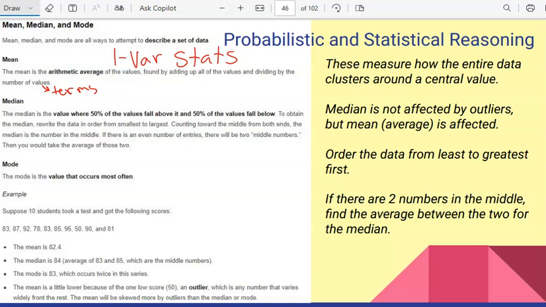Here's an example of finding these one-variable stats. Suppose 10 students took a test and got the following scores: 83, 87, 92, 78, 83, 85, 95, 50, 90, and 81. The mean is 82.4. You would find this by adding all those numbers together and dividing by the number of terms.